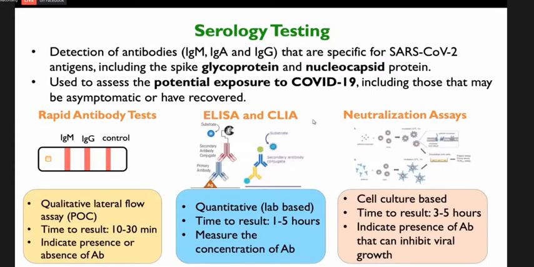Therefore, it indicates the protection against future infection. And the neutralization assay is particularly important because the neutralizing antibodies from the convalescent plasma donor have been used in the treatment of COVID-19, and there are a few studies that have shown that the treatment with the convalescent plasma can actually lead to clinical improvement.